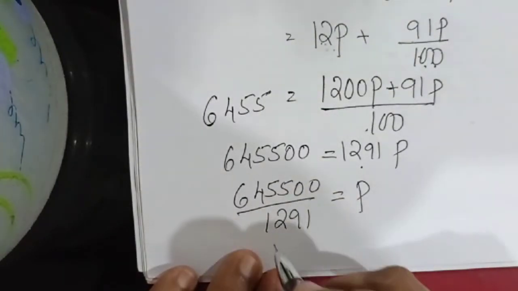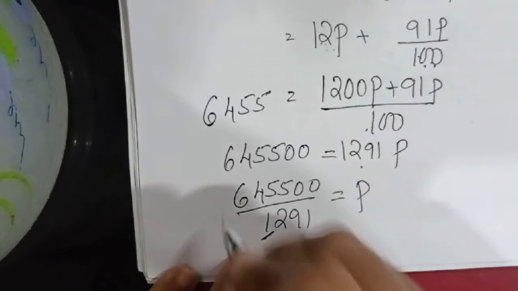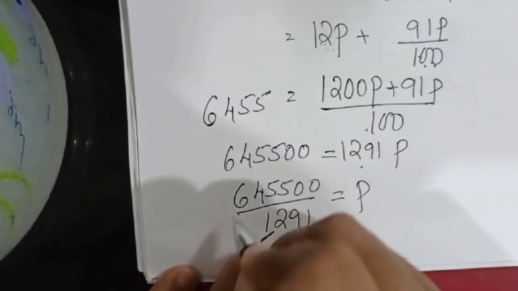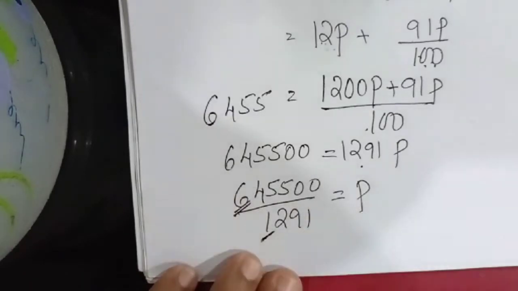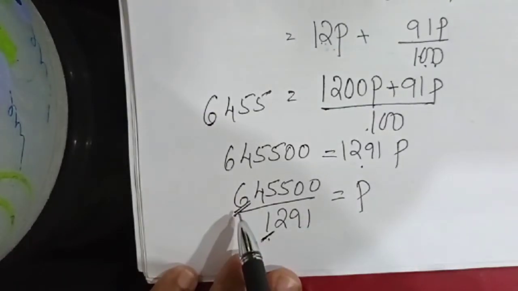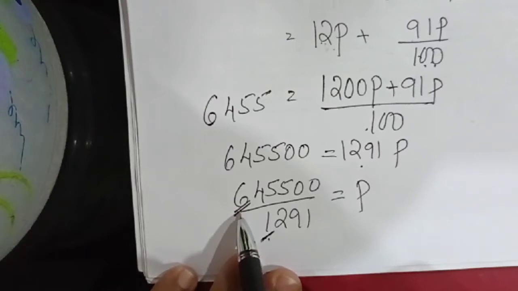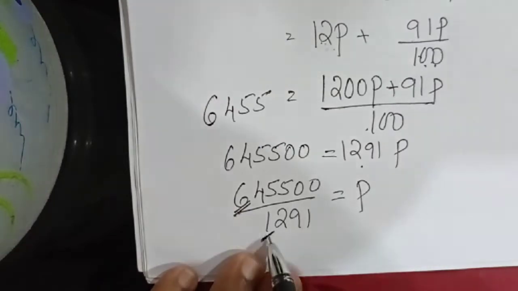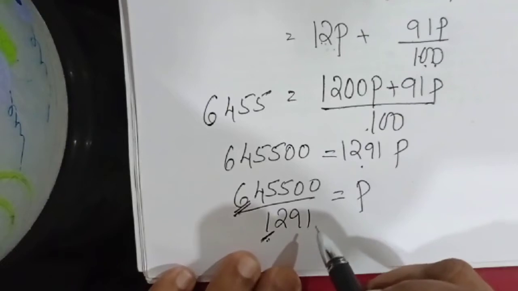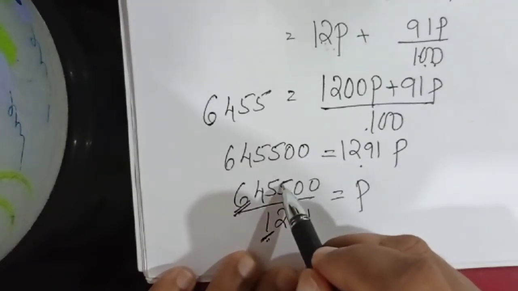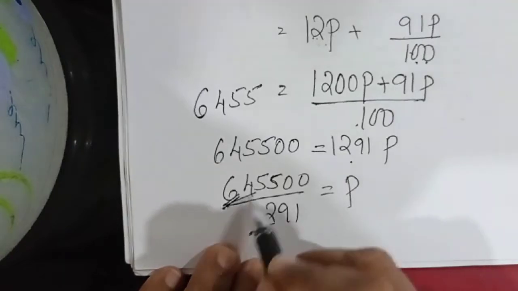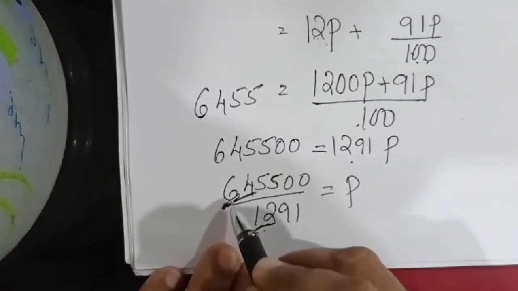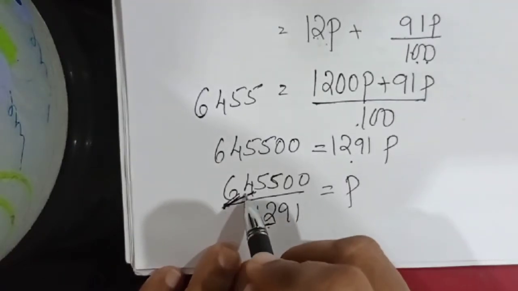Then all of you look here how to calculate this. The first digit is 1, and here the first digit is 6. 1 into which number gives 6? 6. Therefore, the highest number we can multiply is 6. But here, 5 is here, isn't it? Or when you take this 12 and 64, 12 5s are 60.